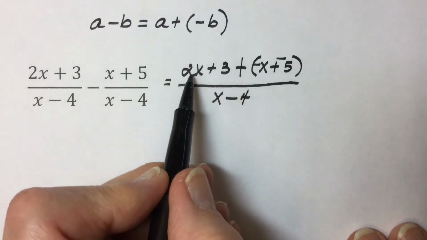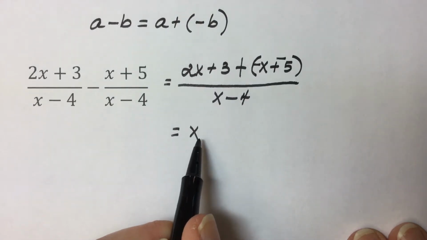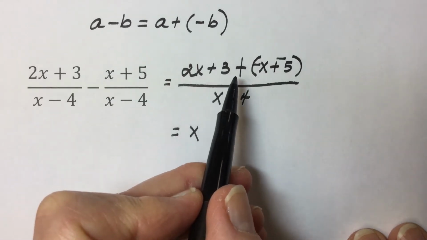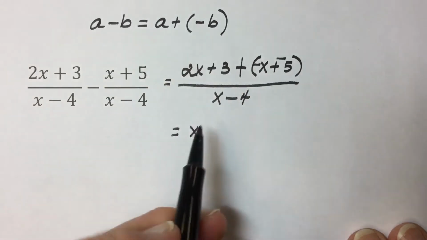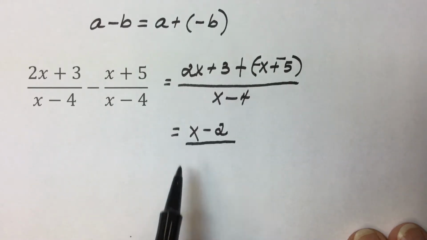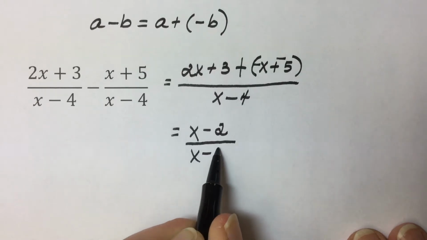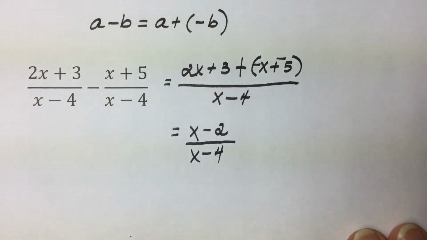Simplifying then, we have a 2x plus a minus x leaves an x. We have a 3 plus a negative 5, which leaves a negative 2 for a simplification of the numerator over that common denominator of x minus 4.